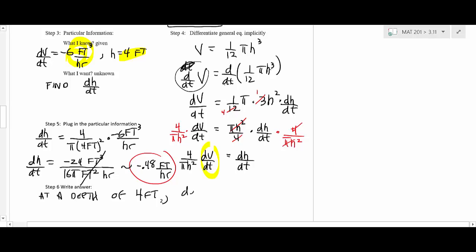So we would say the depth is changing at a rate of -0.48 feet per hour, like that. So that's the idea. Okay.